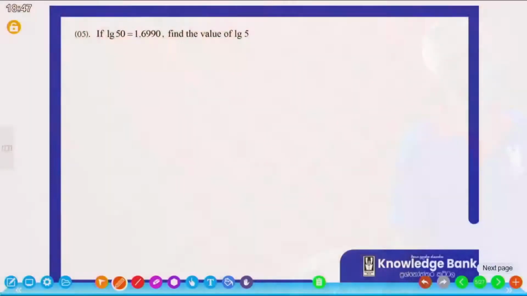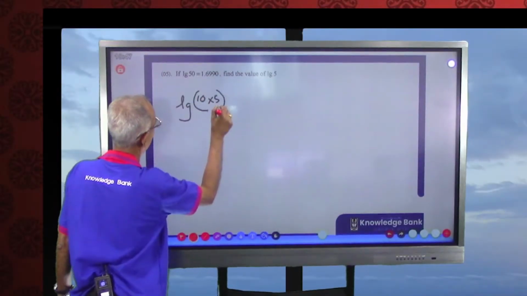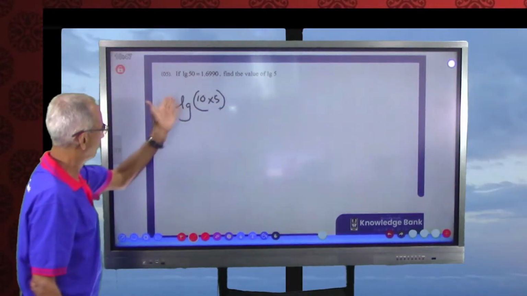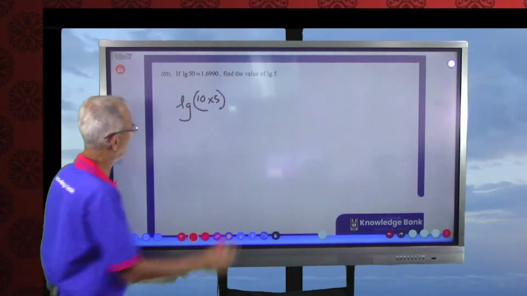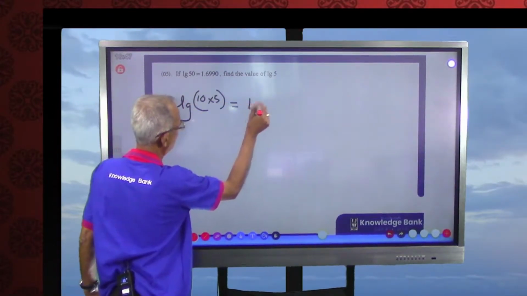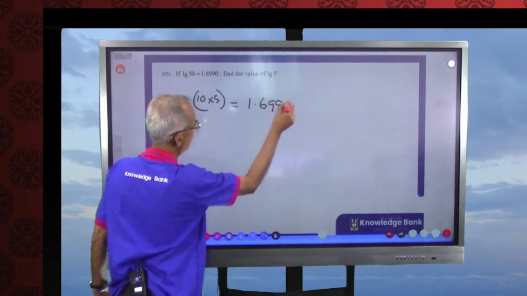If log 50 is equal to 1.6990, find the value of log 5. Here I will write log 50 means log of 10 into 5, since 10 into 5 is 50. Log 10 into 5 is equal to 1.6990.